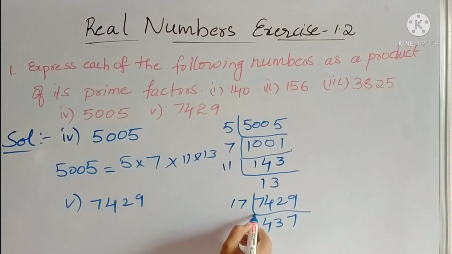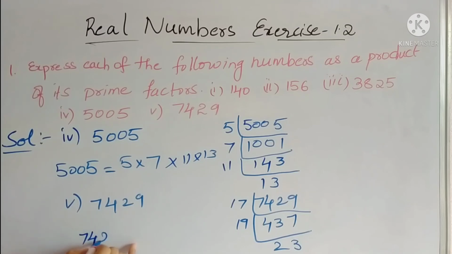So 437 we got. So again it is divisible by next prime number 19. 19 twos are 38. So here the remainder is 5. 5 7, 57. So 19 threes are 57. So 23 also prime number. So 7429 is equal to 17 into 19 into 23.